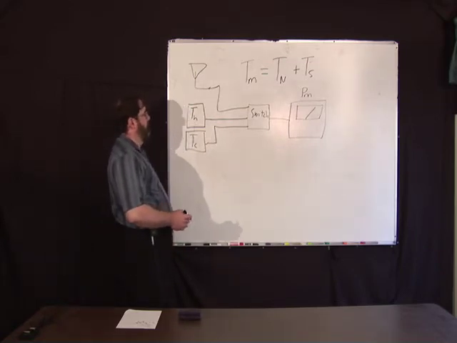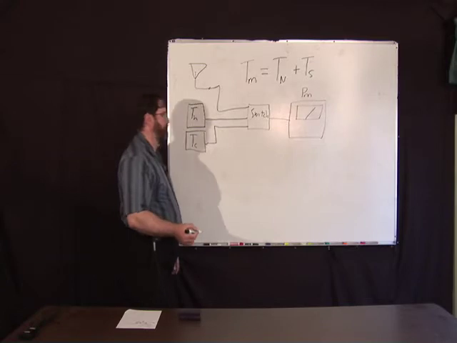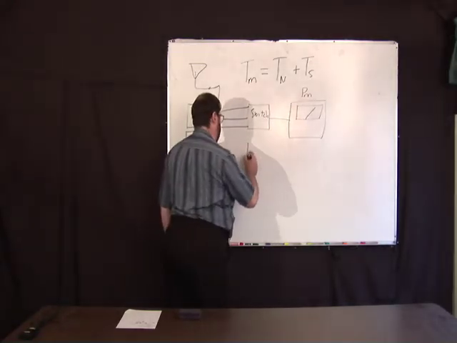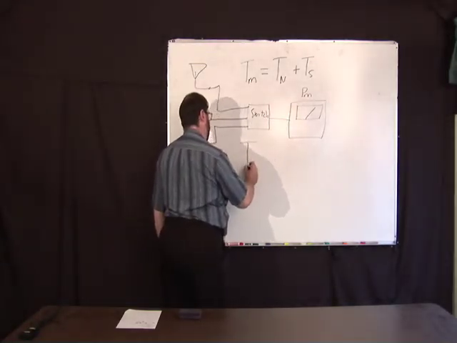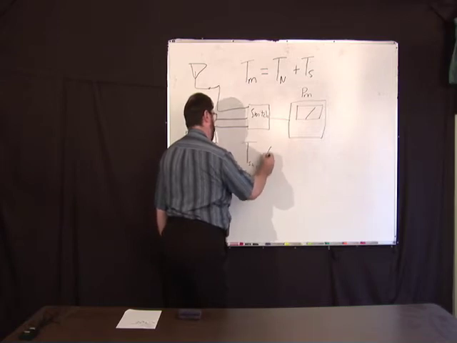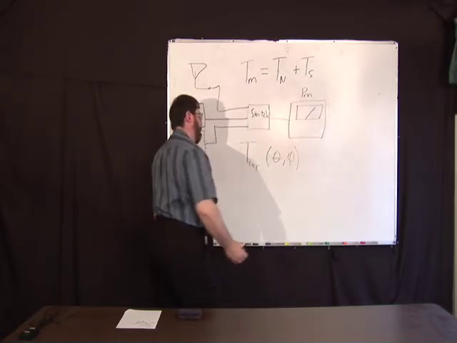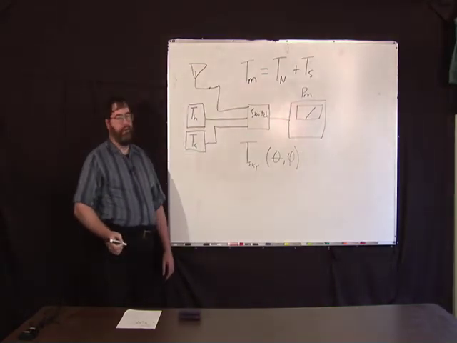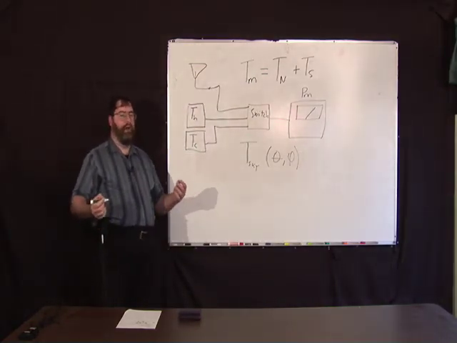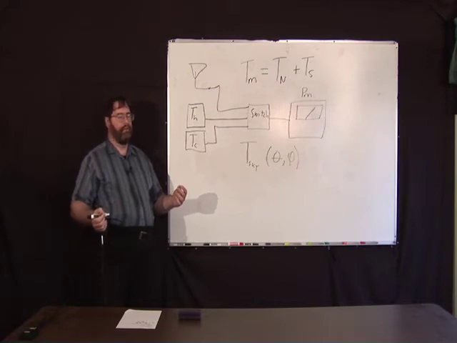Well, you can measure essentially the sky then, sky temperature, we'll call it T sky, as a function of two angles. And then you generate a map of the sky.